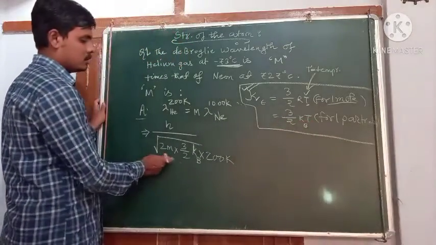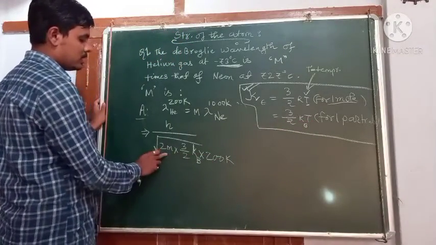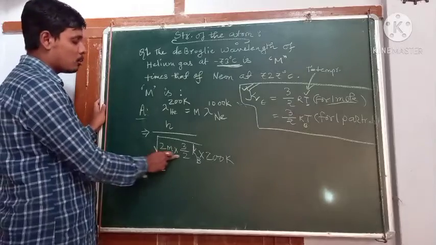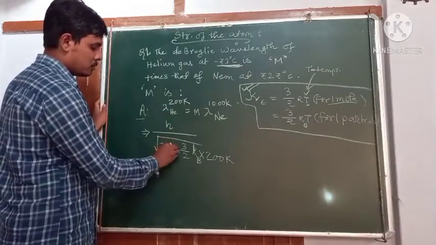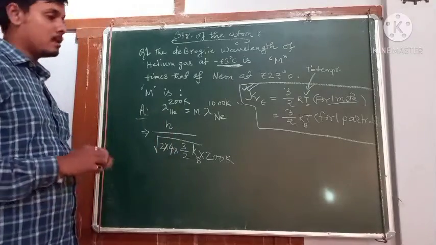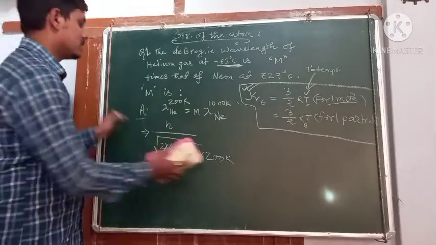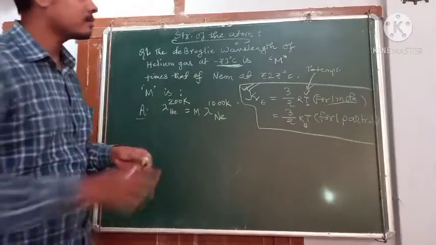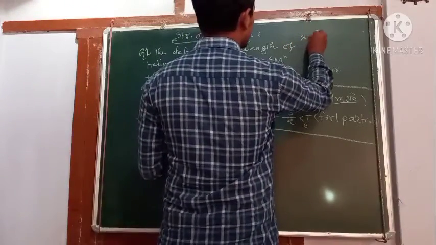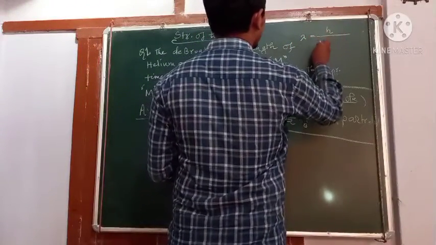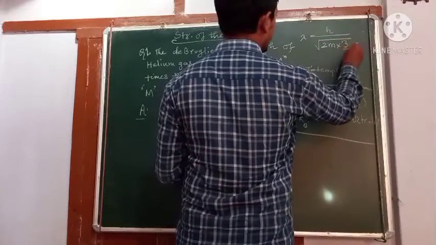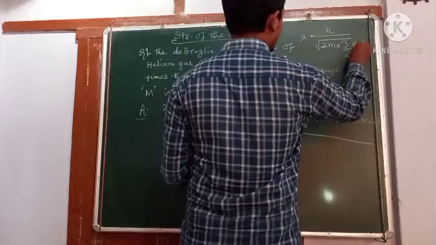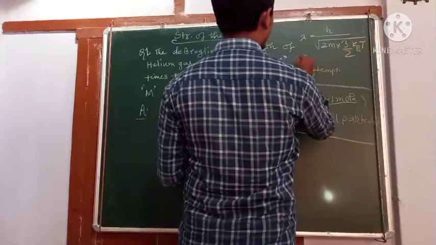So this is for helium, where the mass of a particle of helium is 4. As I already told, lambda equals h by root over twice m into 3 by 2 kB T for one particle.